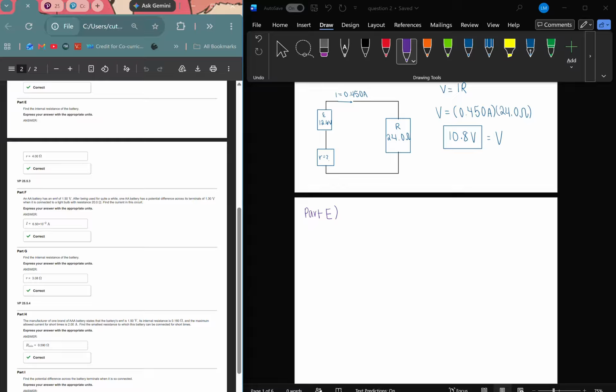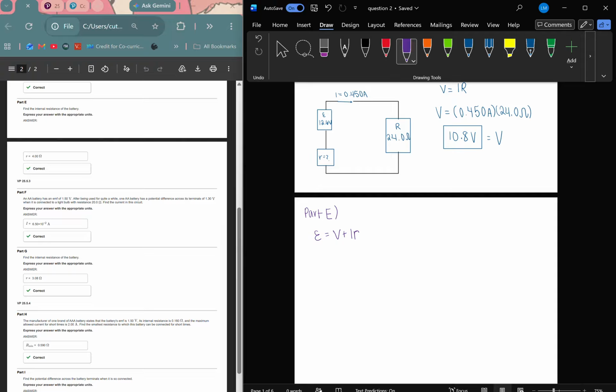We're going to use the formula for the electromotive force, and we're putting V as the potential difference in volts, added to the current times the internal resistance.